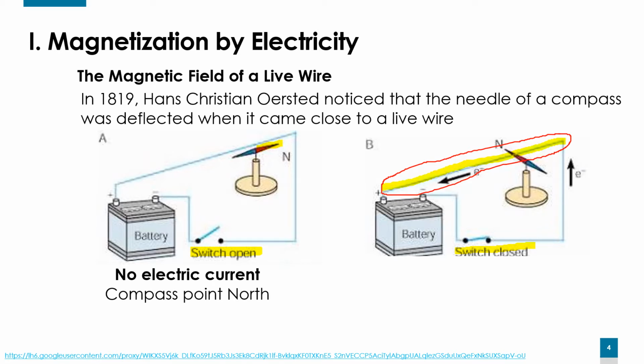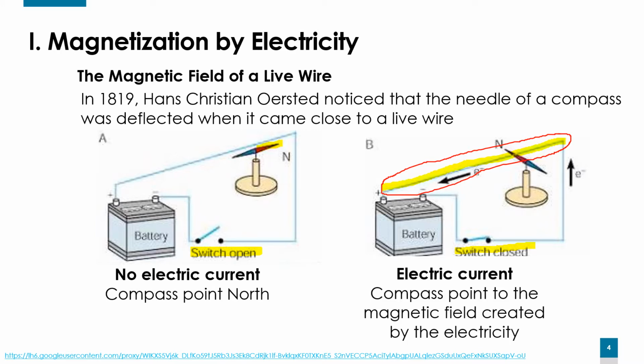So the compass will point along this magnetic field, okay? When I have an electric current, my compass points to the magnetic field created by this electricity. I'm going to post a video with this experimental explanation for you as well, to be more clear.